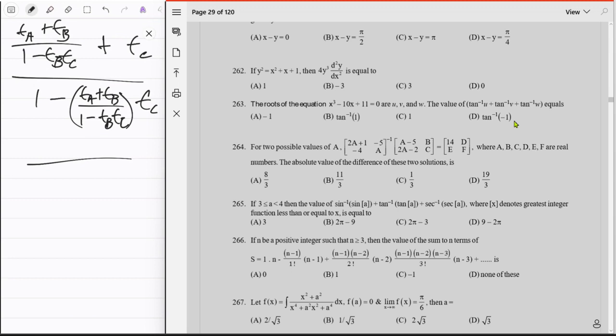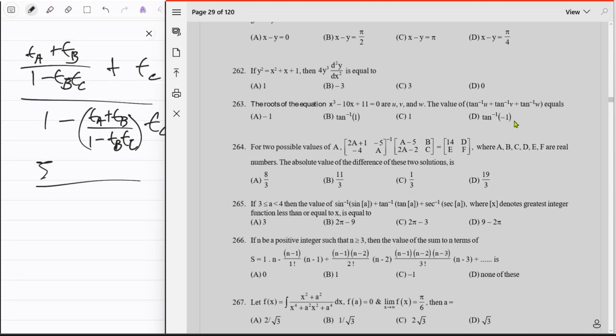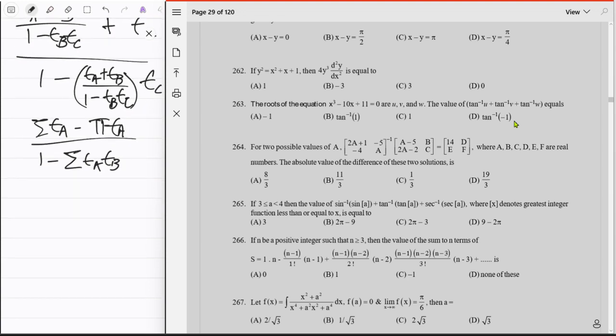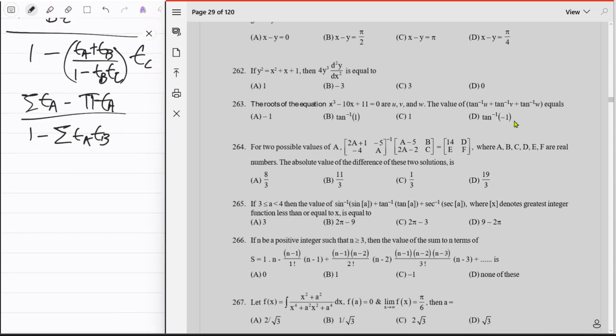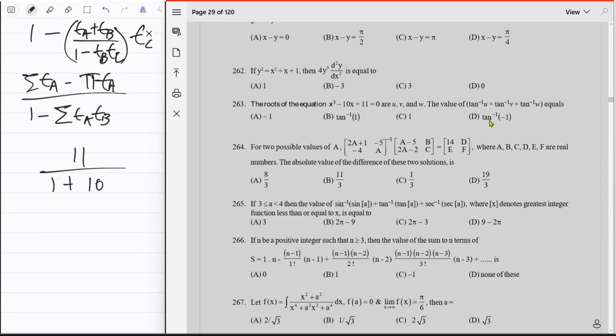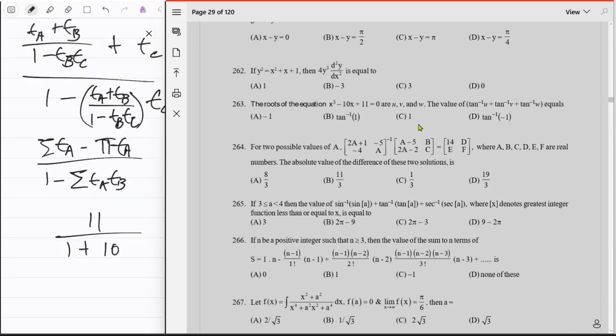It just becomes the summation of tan a minus the product of tan a upon 1 minus the summation of tan a tan b. The summation of tan a is u plus v plus w, which is 0, so that dies, and then minus the product of tan a, which is negative 11. So negative 11 upon 1 minus the sum, which is negative 10, so just 1 plus 10, which is 1. So this is just equal to 1. C is the answer. Next question.